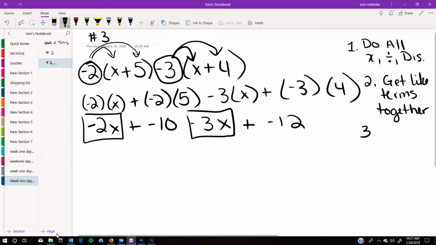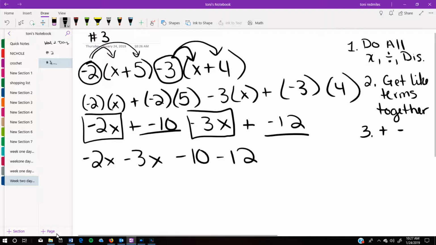And number 3, do your adding and subtracting. So let's get our like terms together. I got those 2, and negative 10 and negative 12 are also like. So this one is negative 2 minus 3, which is going to be a negative 5x, and negative 10 minus 12 is going to be a negative 22.